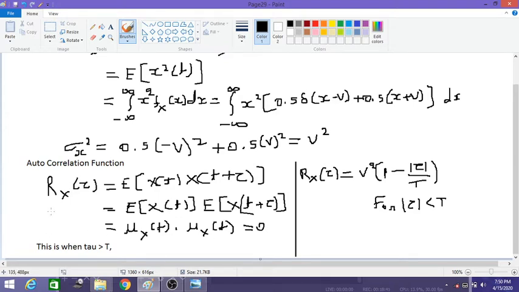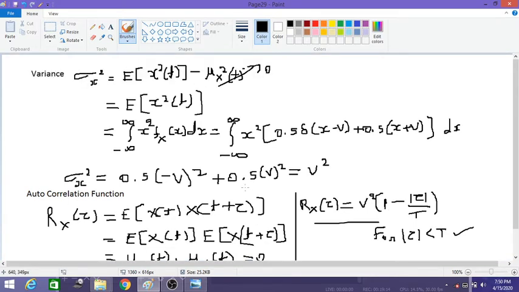This applies only under the special condition that the value of tau is greater than the fundamental period T. If tau is less than T, then one more definition holds good: V square of 1 minus tau by T. This definition holds for the condition where it is partially overlapped. If it is completely overlapped, then we get the autocorrelation function as 0. So these are a few examples on the addition and multiplication of a random process.